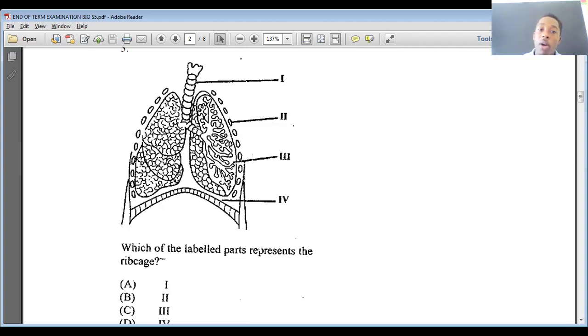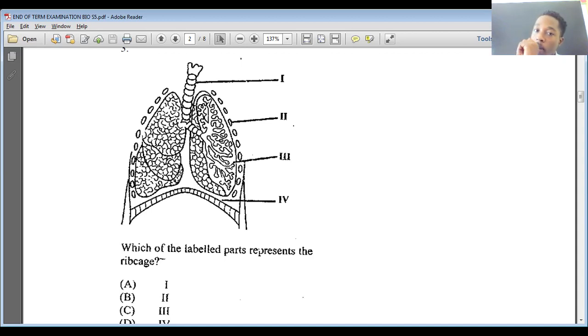So let's look at it now. This is the trachea. This is the bronchus. Are you seeing my cursor on the screen? Yeah. Okay. So this is the trachea. This section here is the bronchus. This branch-off section is called the bronchioles. And inside the bronchioles, we have some smaller structures. They start with A. That's where gaseous exchange takes place.